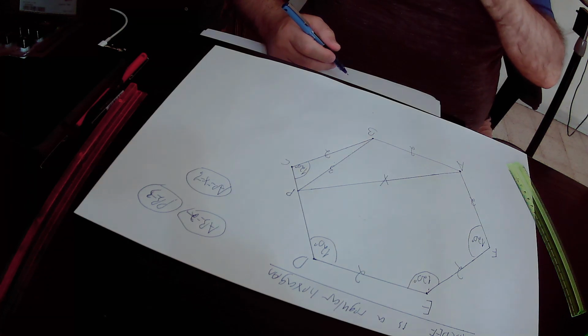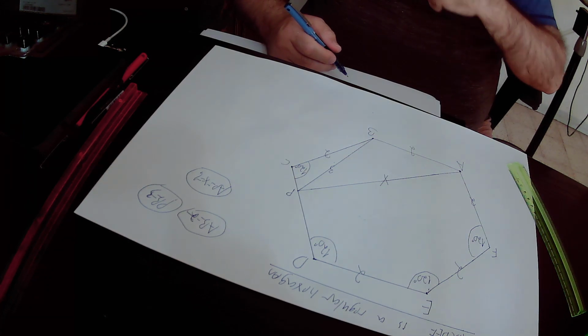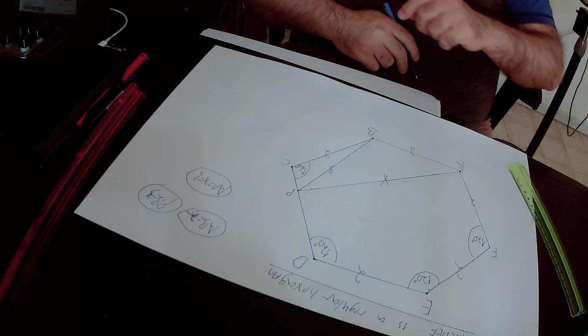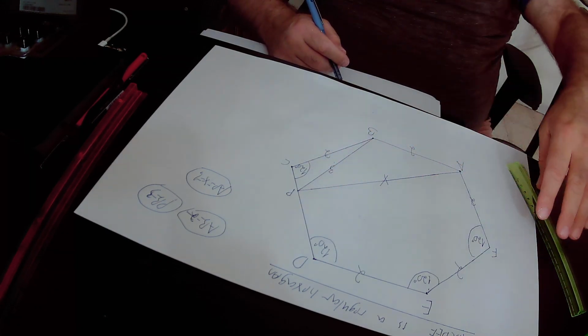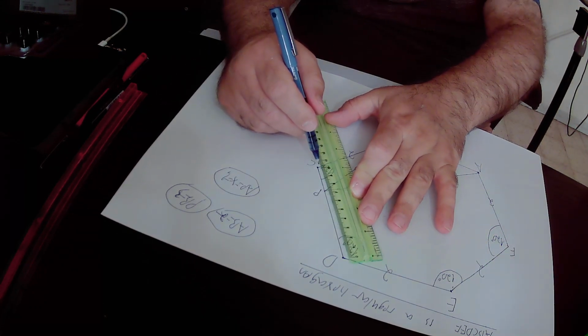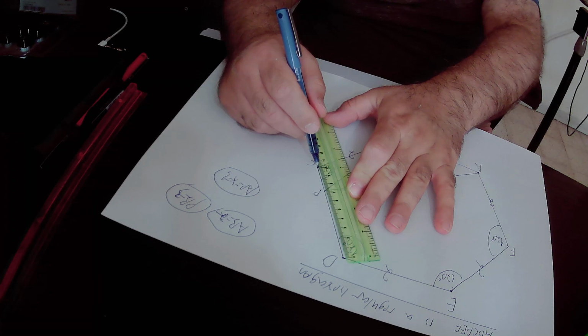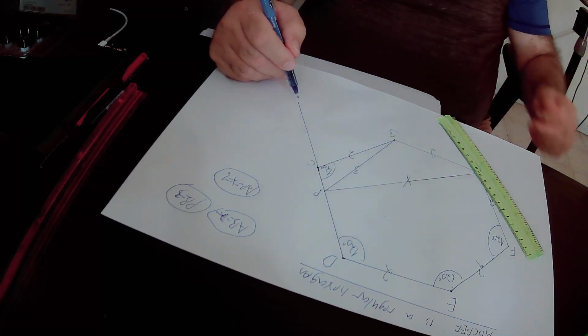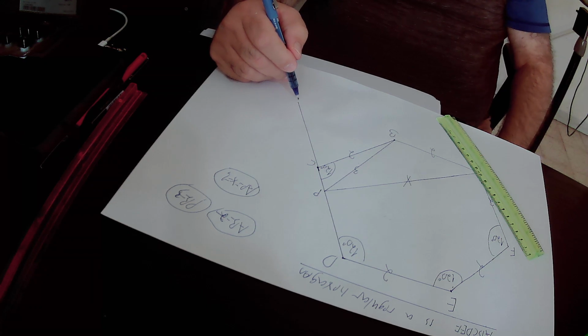So in the next step, we will extend side DC by a straight line. This point is point L, according to our definition.